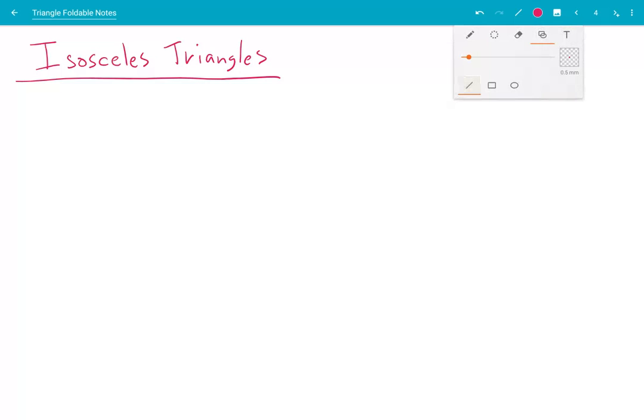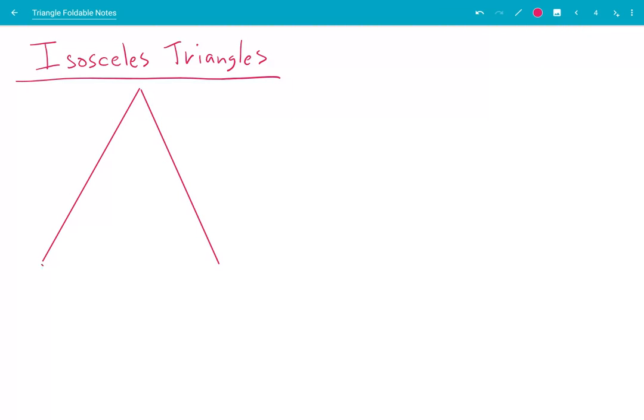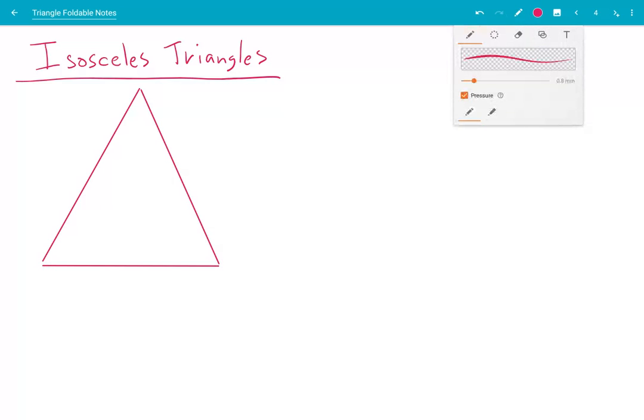I can draw lines. So here is an isosceles triangle. Look at that. Nice. All right, there's an isosceles triangle, and we'll mark it to be an isosceles triangle. So, an isosceles triangle has parts.